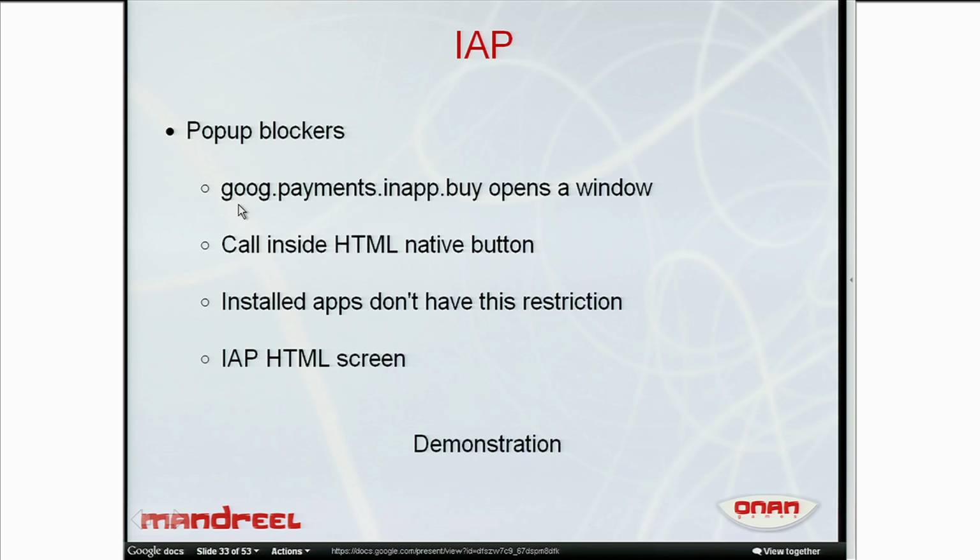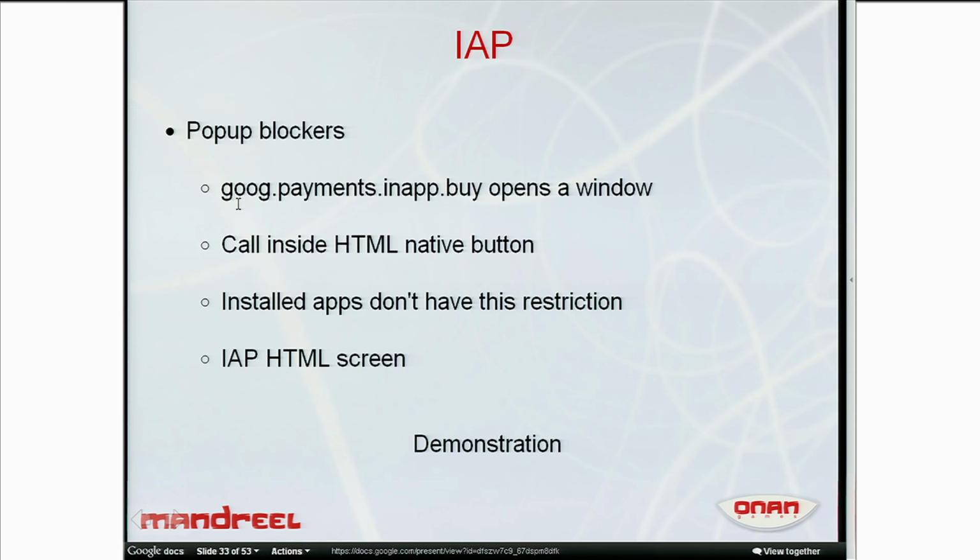When the user clicks on the WebGL view, we first call the Google API, which opens a new window. Because it's not a native HTML button, the pop-up blocker blocks the window. That's a problem.